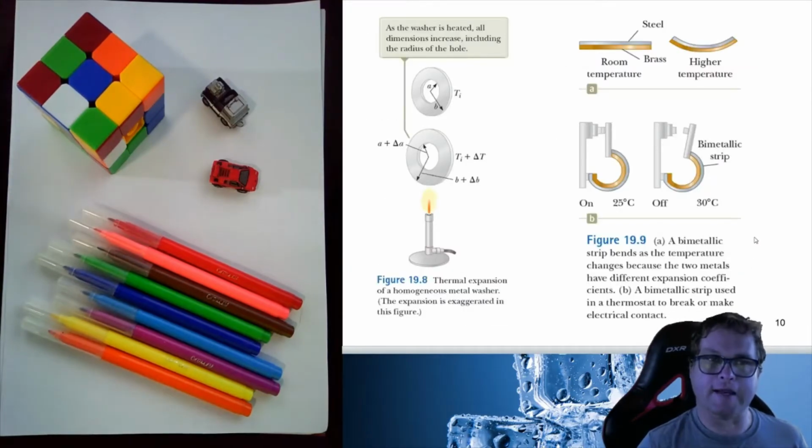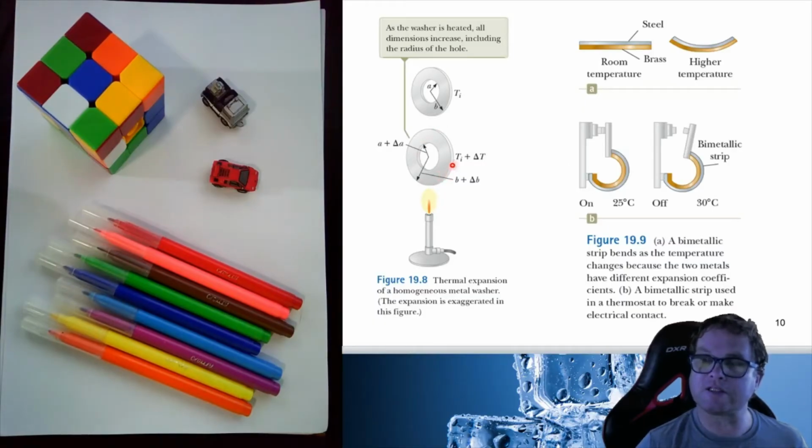There are two neat applications that take place, and the one interesting application has to do with us heating a washer, right? So we have some material, and then this is heated by means of a flame, and there's an interesting question of what happens to the size of the hole in the middle when you heat this material.